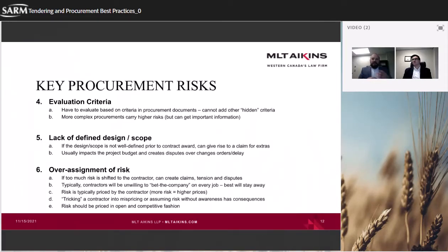Whatever it is, we want to ensure that if we intend to rely on that formula and that evaluation criteria, that we're publishing it so that there are protections from trade agreements or other types of complaints, and that we then follow that formula that we're publishing in a very sincere way.